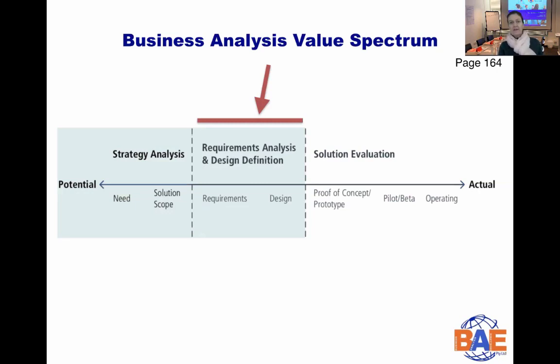We've looked at the current state and we've determined that this initiative or business need, in fact, will be progressed further, and we will start to define what it is really all about and what the details are of the requirements as well as the designs. So this is what we'll concern ourselves with in terms of where we are on the spectrum.